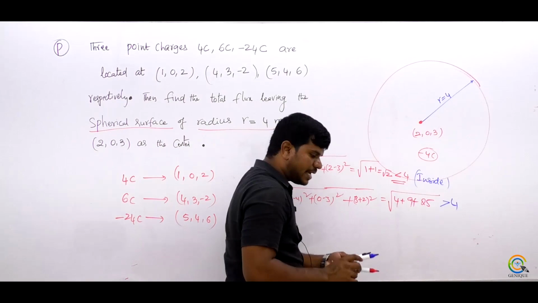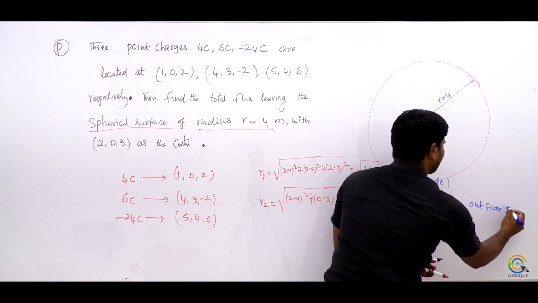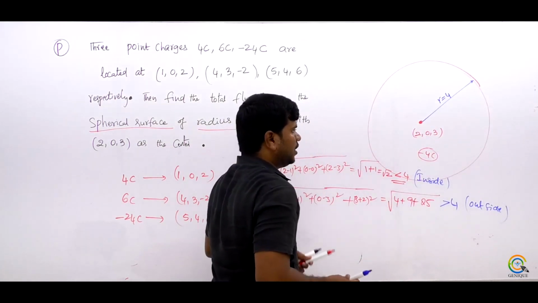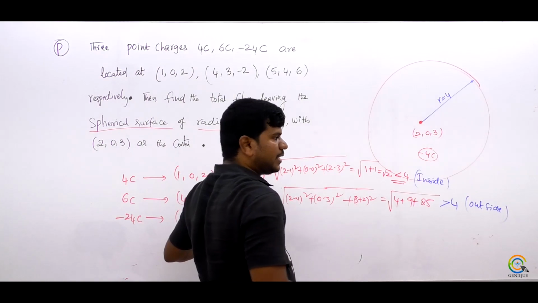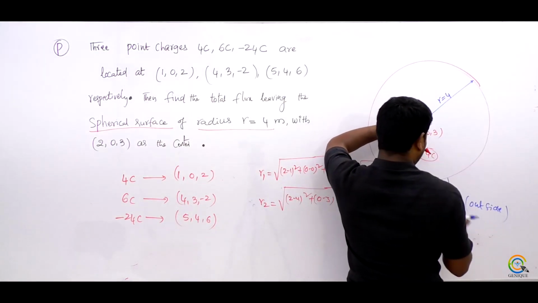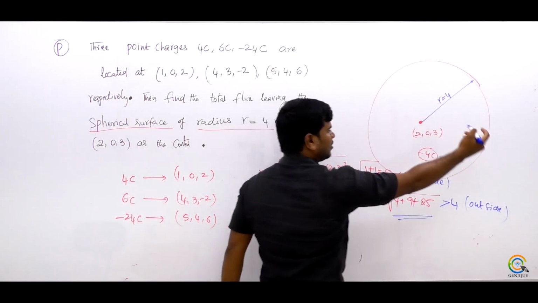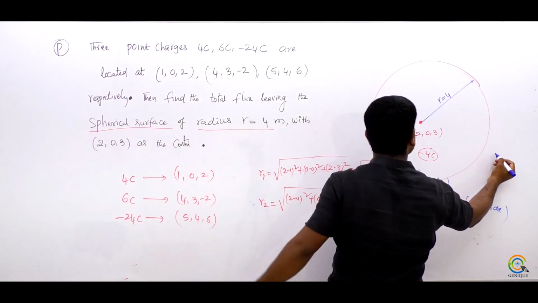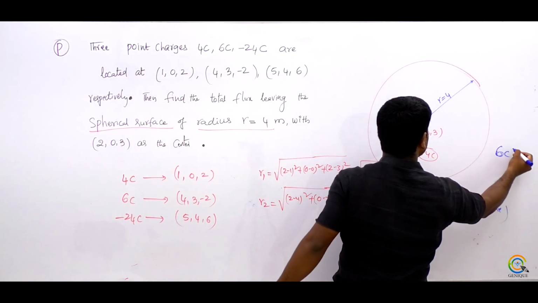That means this point (4, 3, -2) is outside the sphere, so the 6 coulombs is outside the sphere.